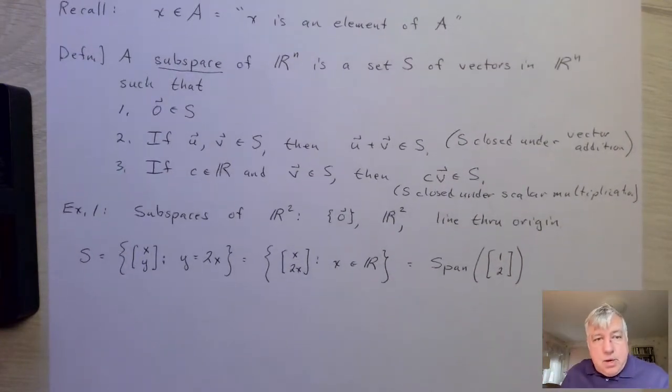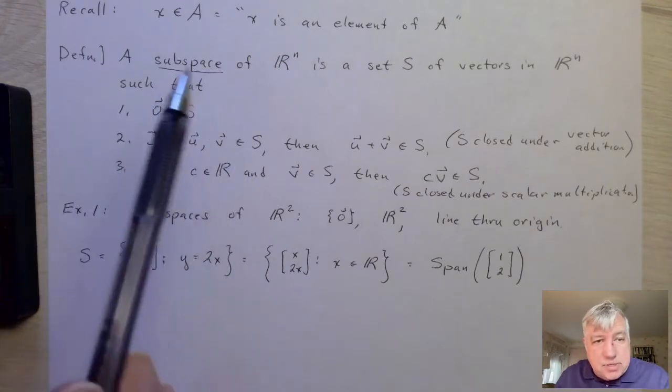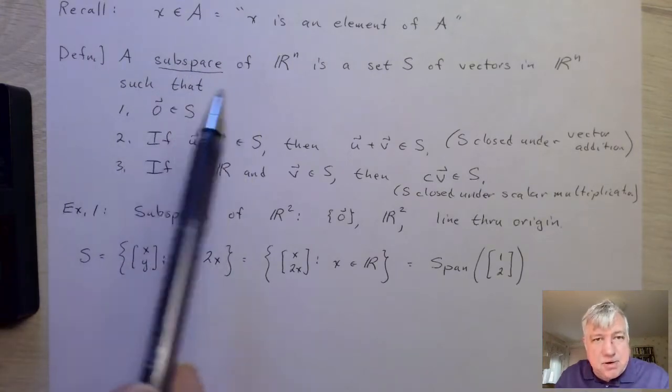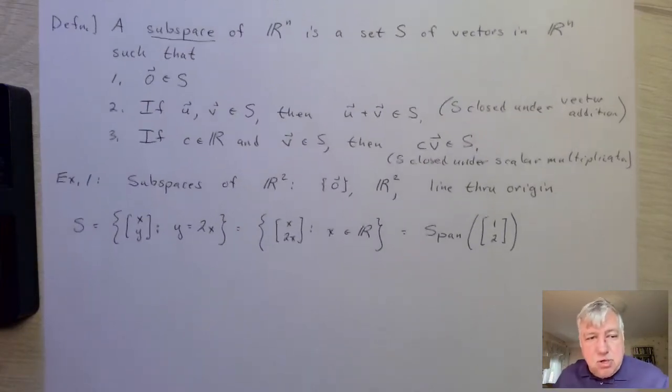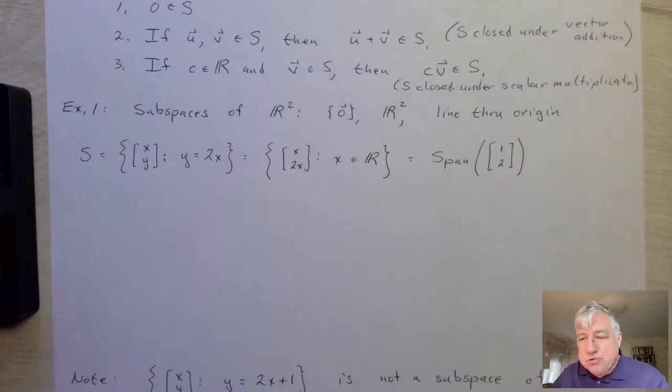Notice that because the zero vector is in here, no subspace is the empty set. So let's look at some examples of subspaces of R2.